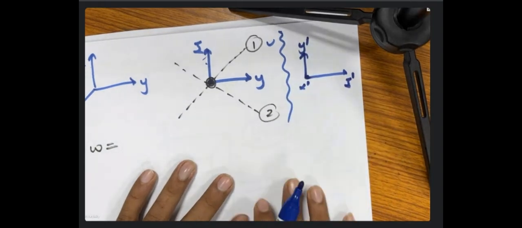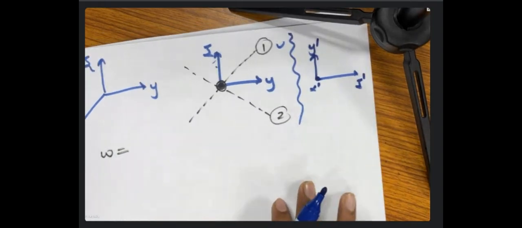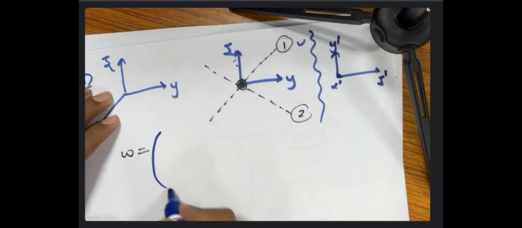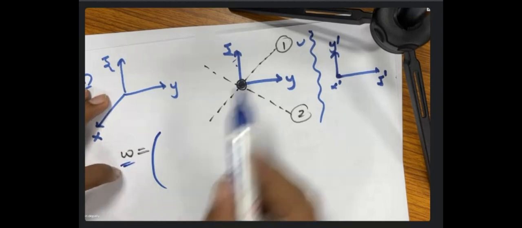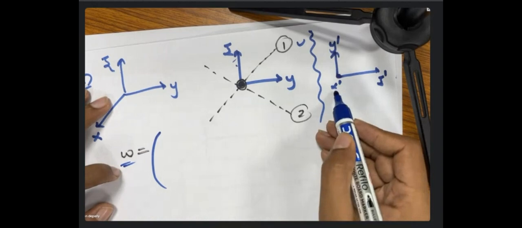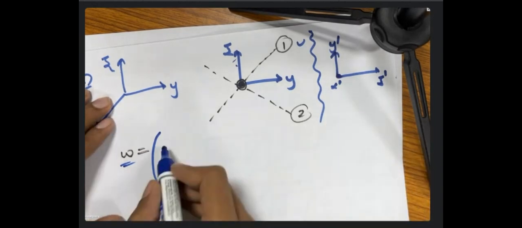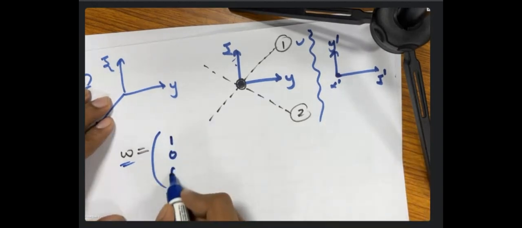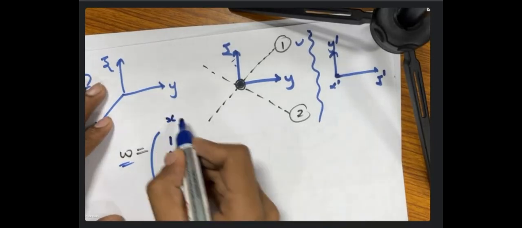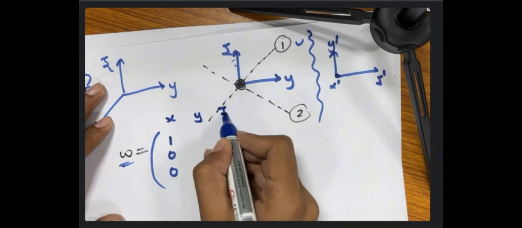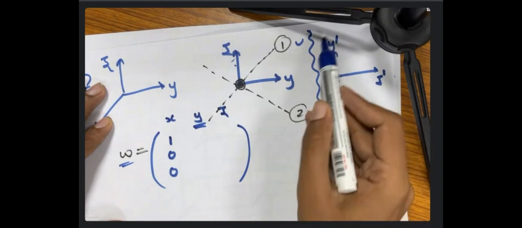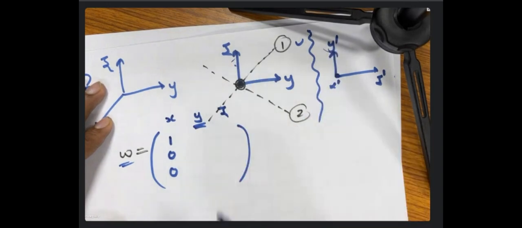And the manner in which we have solved the first two parts, we can solve this also. The symmetry transformation matrix for the plane 1, we can say that the x has not changed. That x dash and the x both are at the same position. So we will write 1, 0, 0. How is y going to change? Y has changed to the y dash, which is along the z axis.